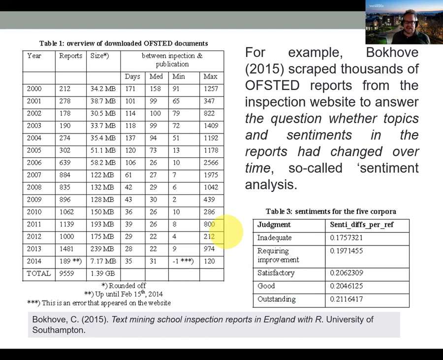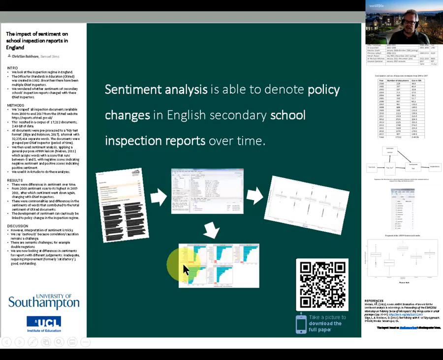So sentiment analysis is a technique where you can actually look at the value of the words and whether the sentiment of the language in the text actually is more positive or more negative. And this was my first exploration of all of this.